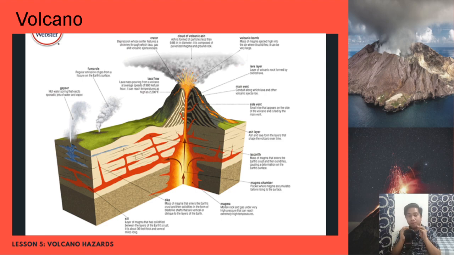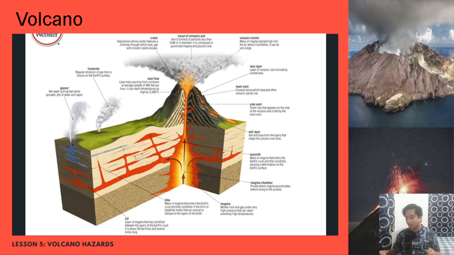Much pressure felt during the expulsion of your magma may create fissures or cracks on the sides of your main vent itself. That will be the possibility of forming your side vents. That is why we can see that magmas or lavas may also expel on the sides of the volcano, not literally much on the crater itself. Okay?